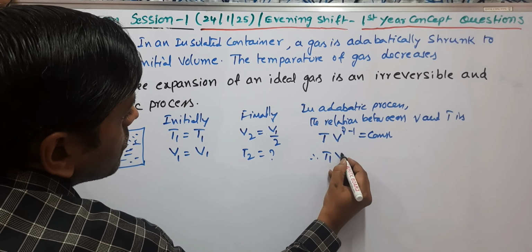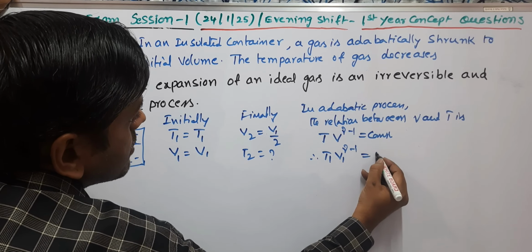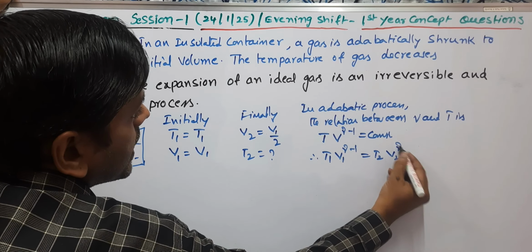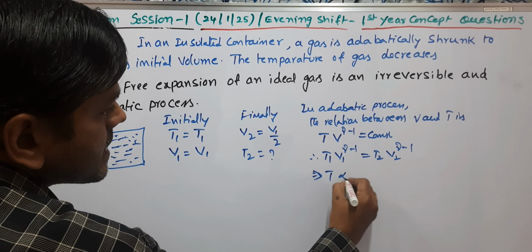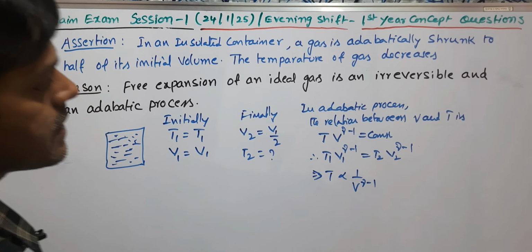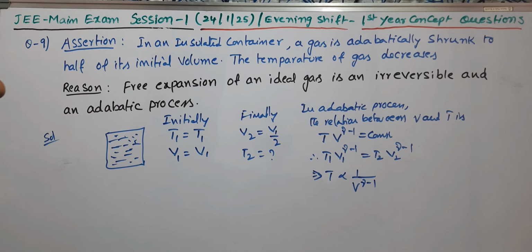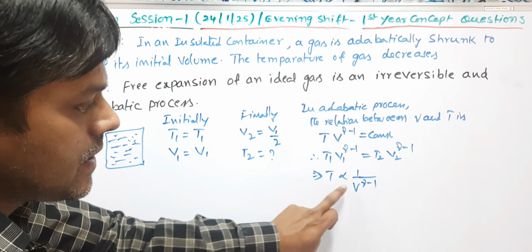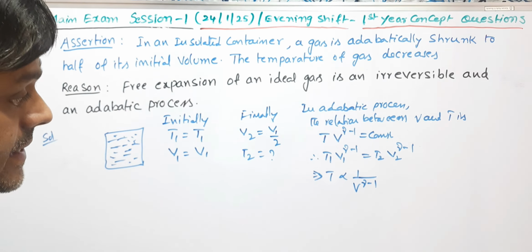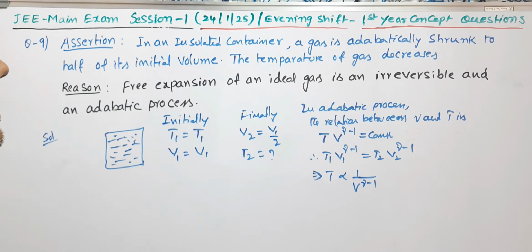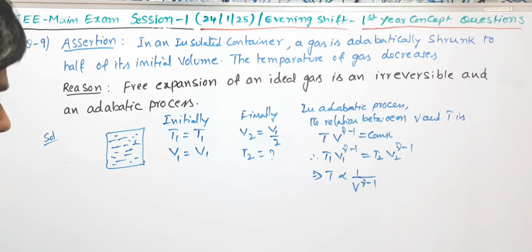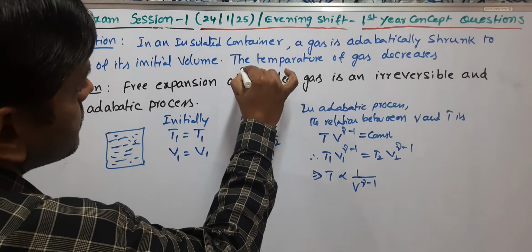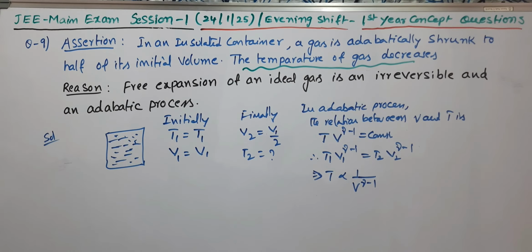Therefore, T1 V1 power gamma minus 1 is equal to T2 V2 power gamma minus 1. Here, what does that imply? Temperature is inversely proportional to volume power gamma minus 1. So here volume decreases, that means temperature automatically increases. That means final temperature increases. But according to the given assertion, the temperature of the gas decreases. So it is not correct. So the assertion is completely wrong.